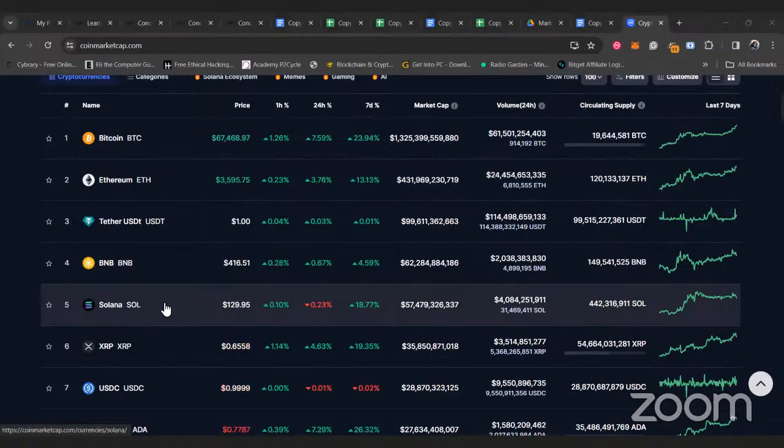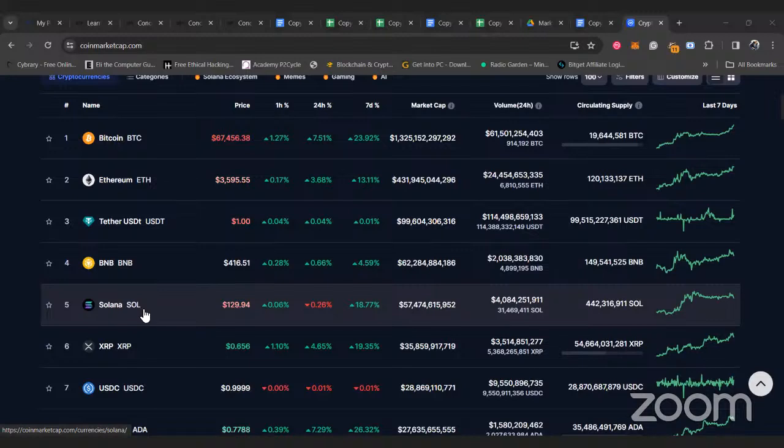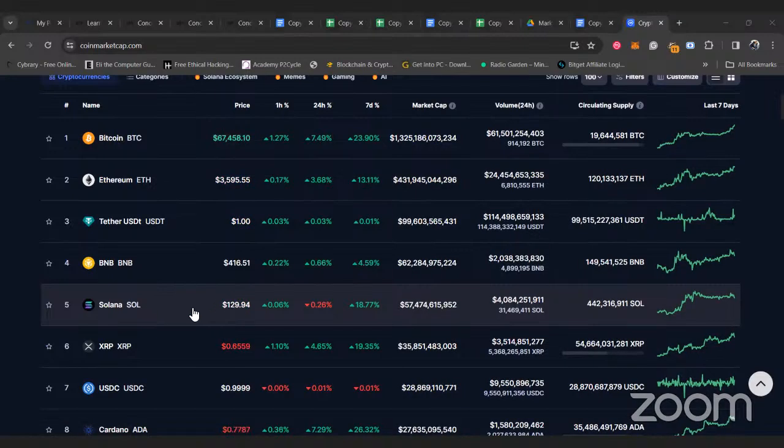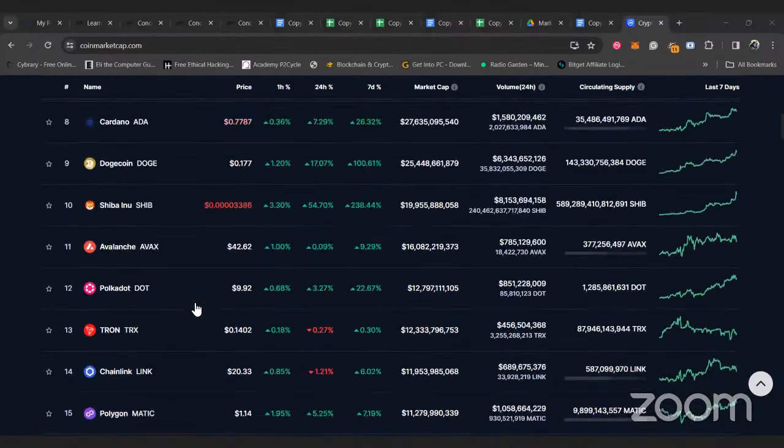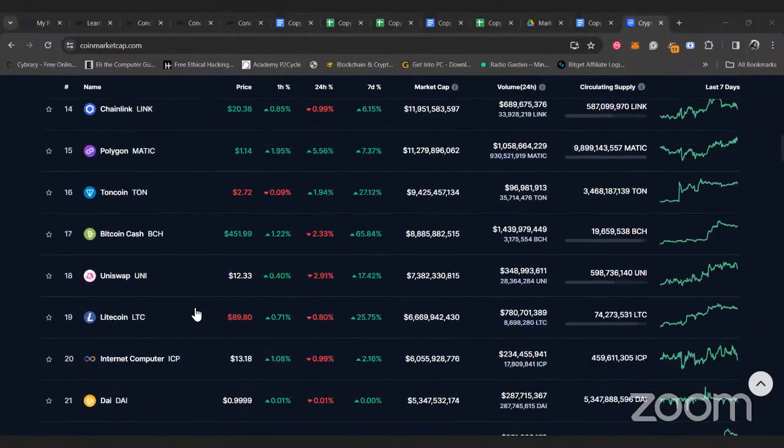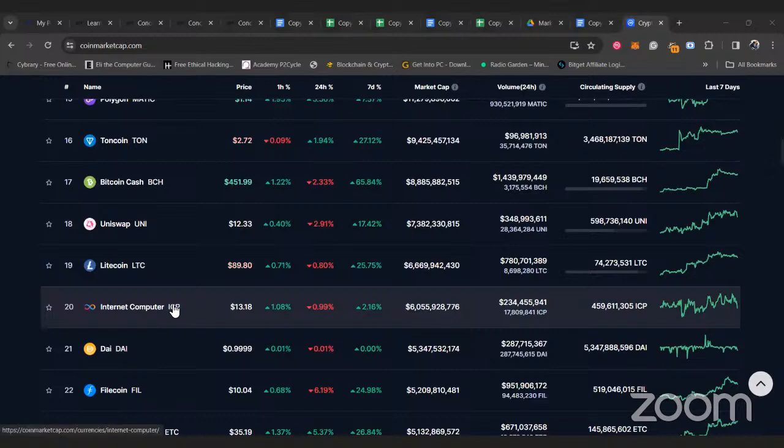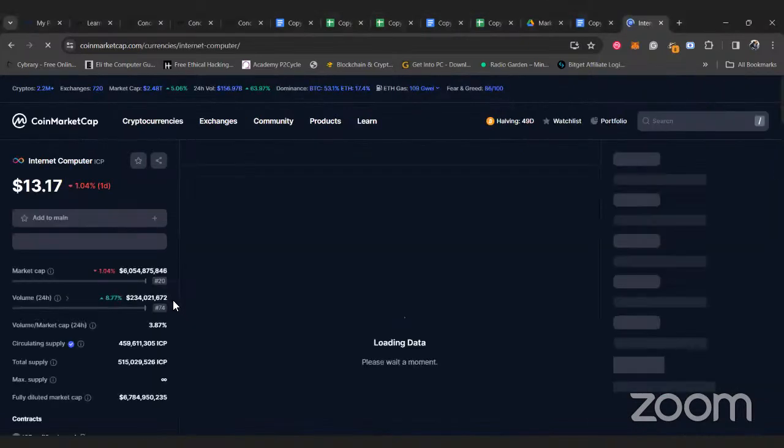Solana surprised me at $20. We bought at $20, and in a short while, Solana pushed to 120. The last one is my long-term project, Internet Computer Protocol.